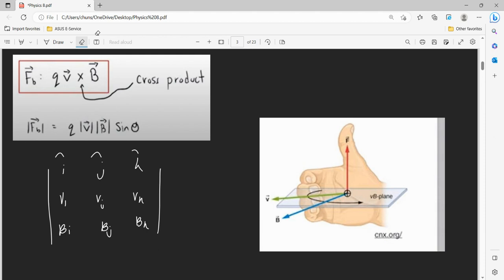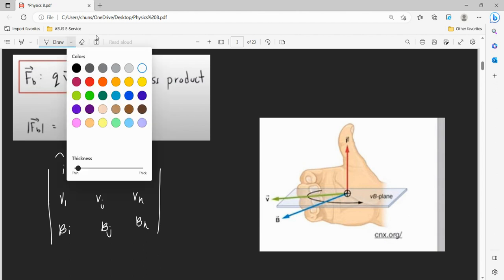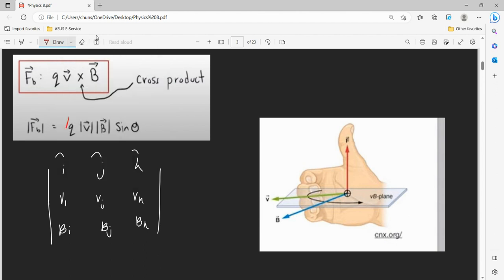And we would take the determinant using this kind of matrix. And we know from the cross product, this is also equal to the magnitudes of each of our variables times sine theta, where theta is the angle between our v and our B, right? And that is an alternative form to write this equation in.